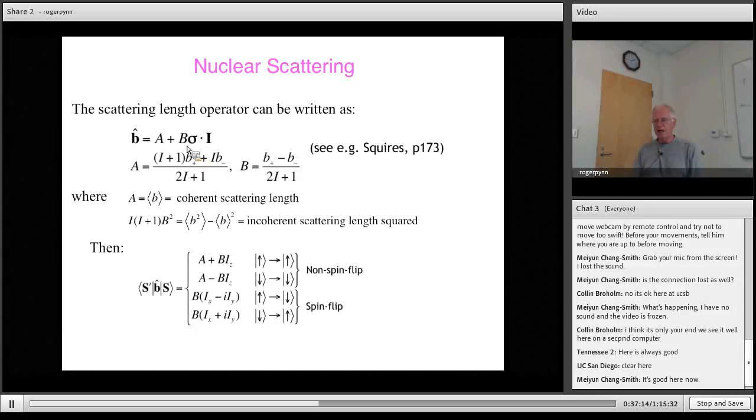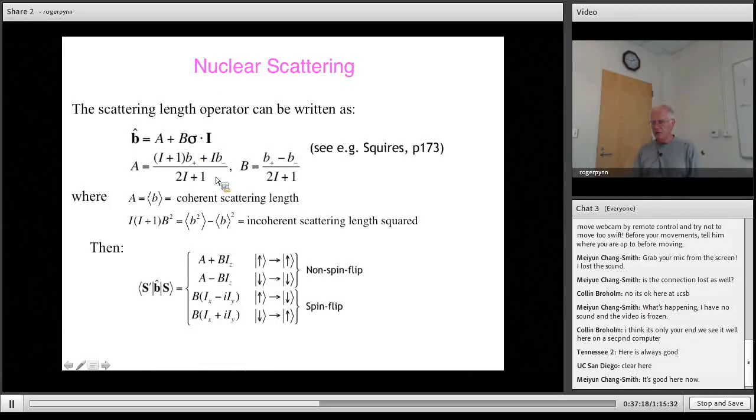If you go back through what I did on the last view graph, and if you can look on Squires' page 173. Actually, if you go to Amazon, and if you haven't got Squires' book, and you say, look inside this book, there I found that page 173 is there.